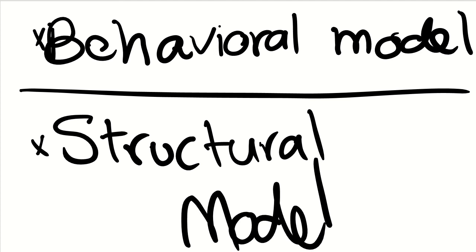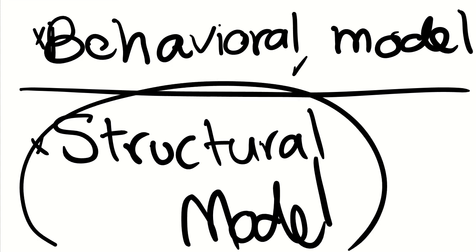So in a structural model, you get to specify the connections, whereas in the behavioral model, you let the software decide. You will see in the future that when you use a structural model, you have to instantiate modules. You can say, I want an AND gate, an OR gate, an exclusive OR gate, and then wire it to another gate. If you write it like that, that would be a structural model.